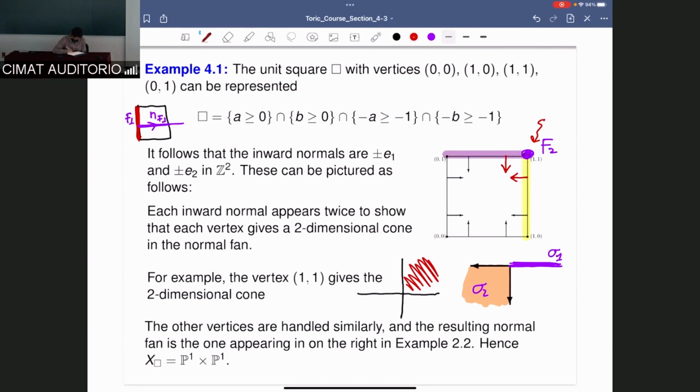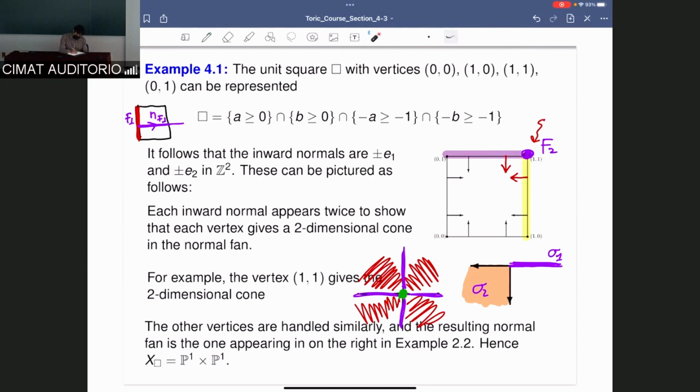The maximal ones are these four. And then the faces of those. So this ray would be there, this ray would be there, this ray would be there, this ray would be there, and the origin coming from using the whole P. The whole P is in no facet, so on the other end I get the span of nothing, which is 0.